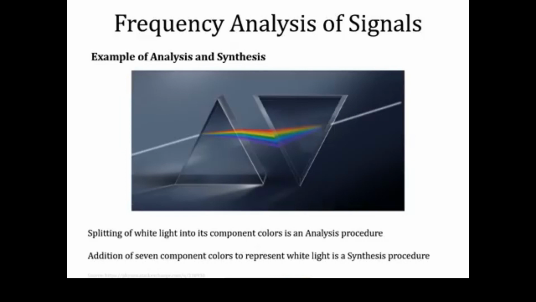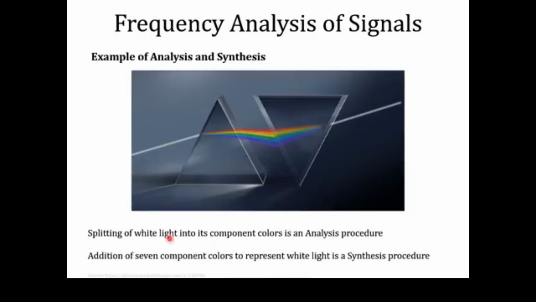Here, a very good example of both analysis and synthesis is presented, and it is a very famous experiment which was conducted by Newton in 1672. He demonstrated that white light or sunlight can be broken down into its 7 component colors.